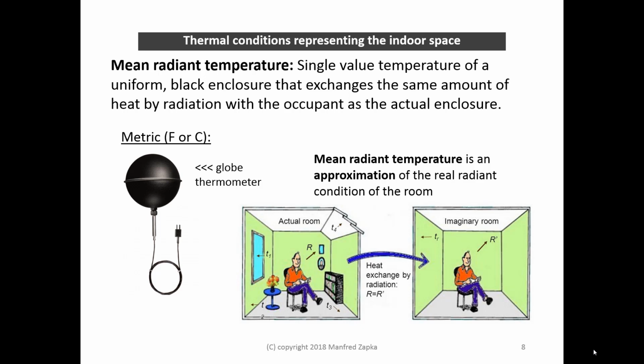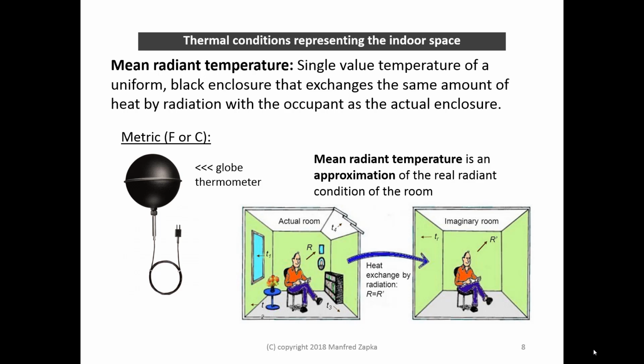So we help ourselves by placing the globe thermometer, let's say at the place of the person's head or the shoulder. This is actually the location of concern, and we measure then what we call the mean radiant temperature, and we take it as an approximation of the real radiant condition of the room. So mean radiant temperature is very helpful.